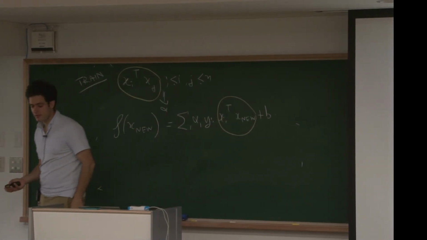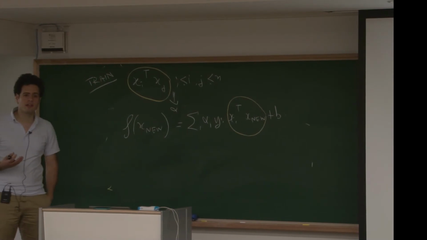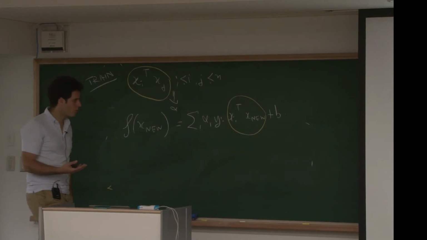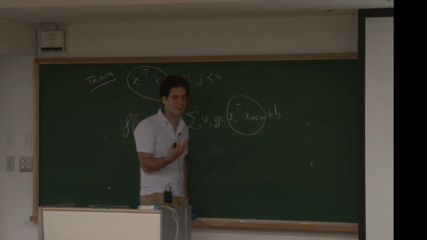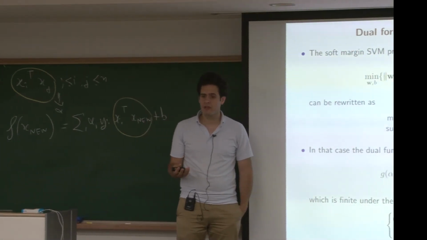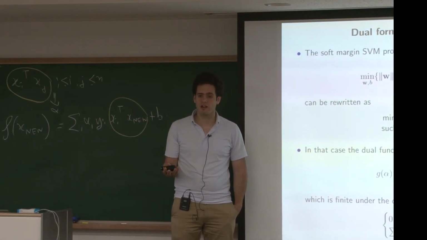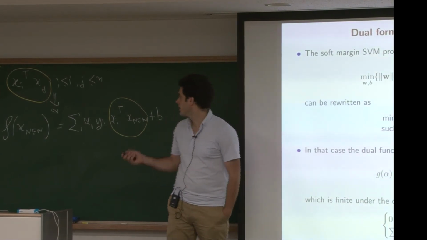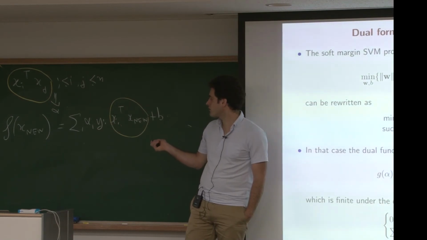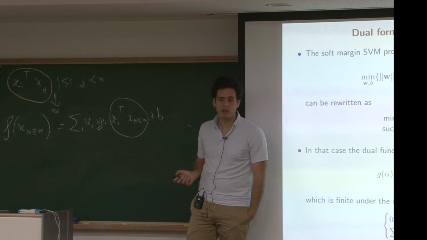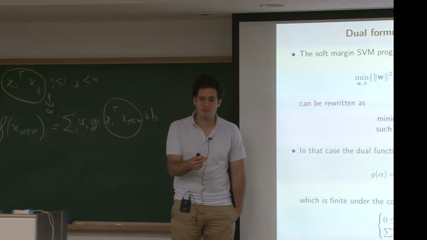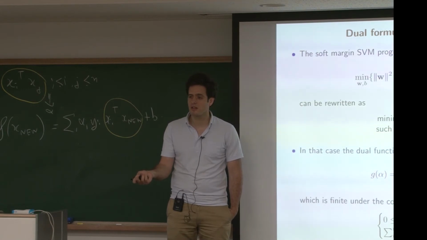So do I need to know exactly what the xi's look like? It doesn't need to know. The only thing it needs is the value of xi transpose xj and xi transpose x new. So the only thing that matters for the SVM is the dot product of one instance with respect to another instance.